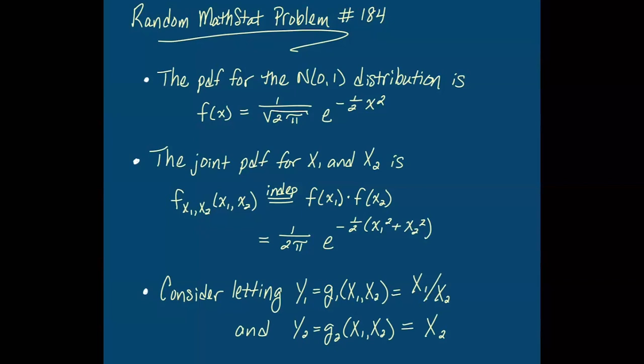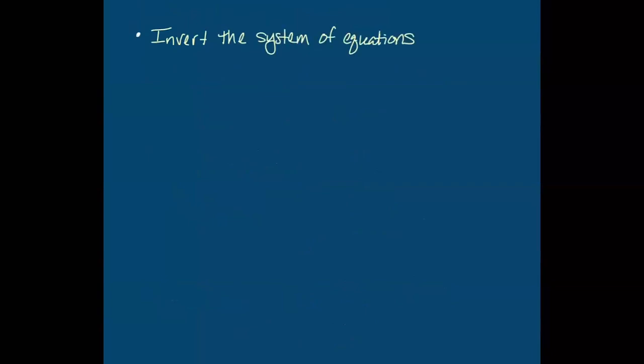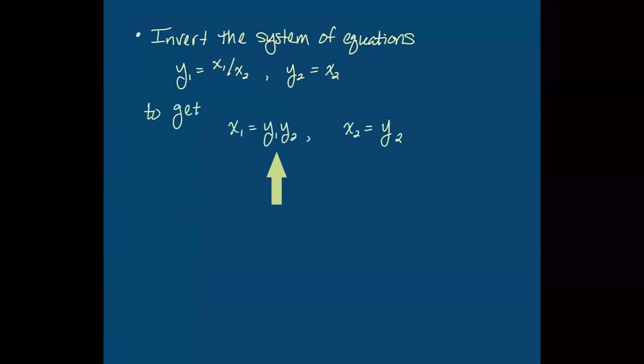We want to invert this system of equations. I could still be using capital letters and random variables, but this is just an algebra step, so it doesn't matter. I want to solve for X1 and X2, and that's easy enough here. This is going to be the function we called g1 inverse of Y1, Y2, and this is going to be the function we called g2 inverse of Y1 and Y2.